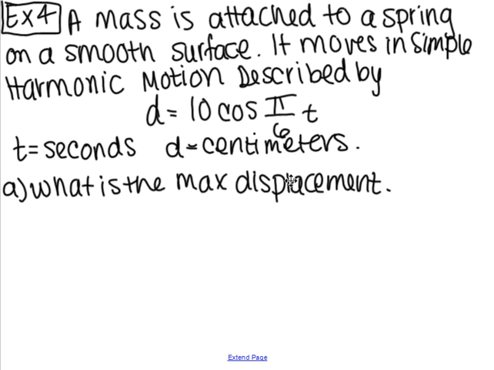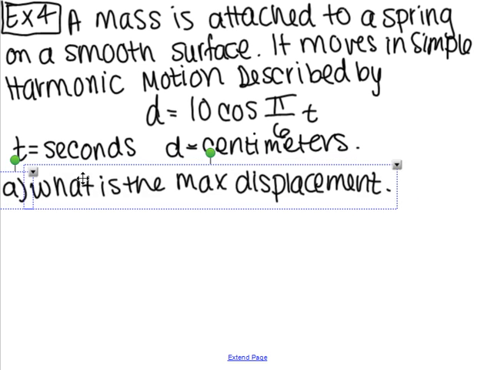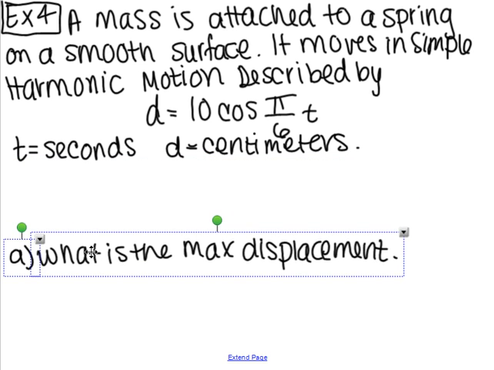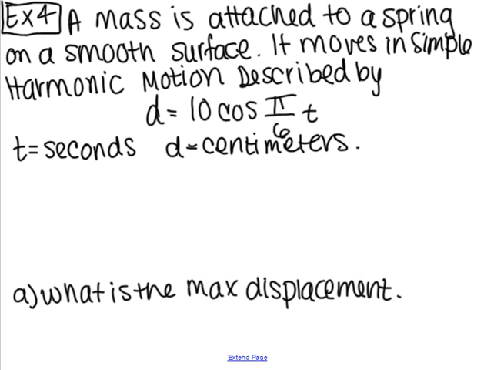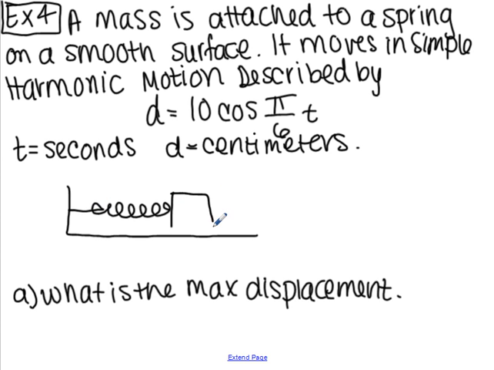So I'm going to draw a little picture of what this actually looks like. What's happening here? I have some kind of object on a smooth surface on a spring. This is my resting position.